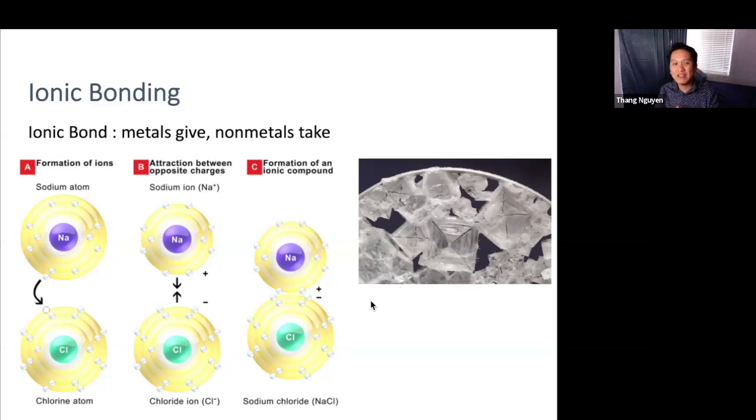And again, the driving force for this is to form an octet. And it turns out that sodium atom as a metal versus chlorine gas, both elements are not as stable as when they become a salt, ionic salt of sodium chloride. And so that's the driving force for this reaction and to become octet.